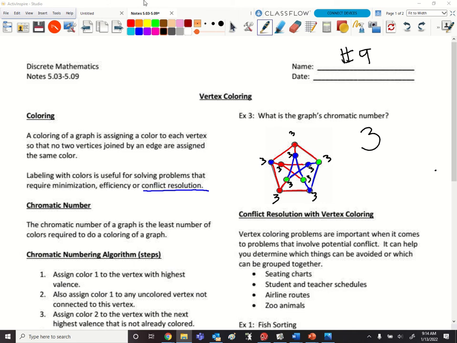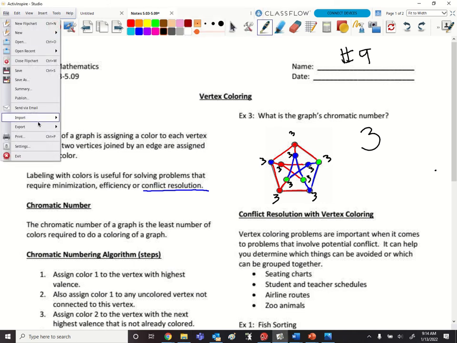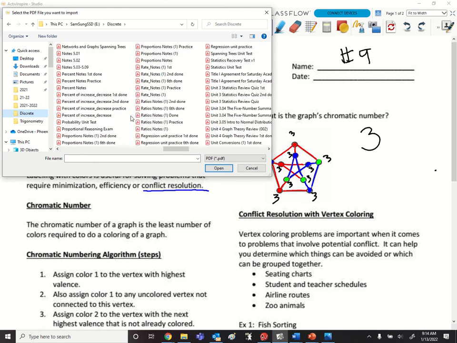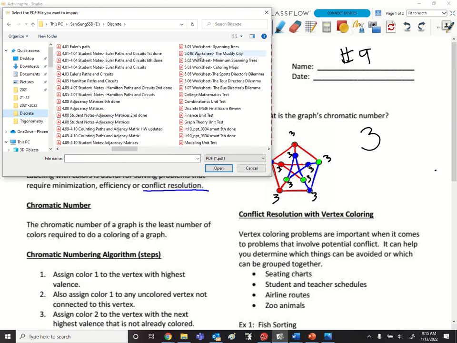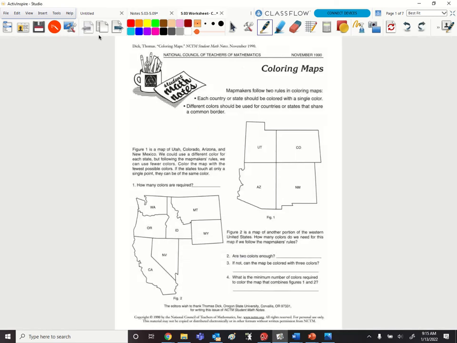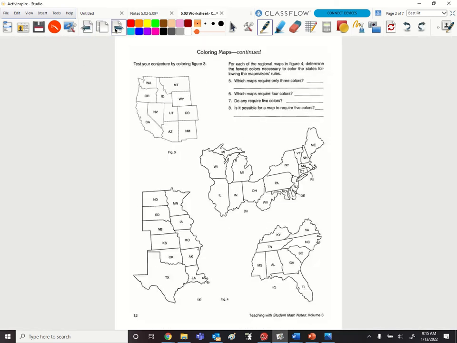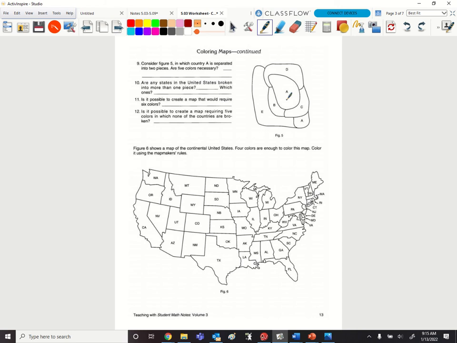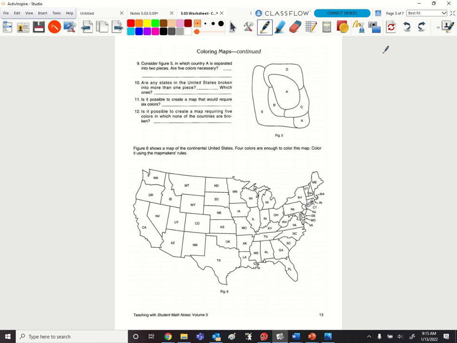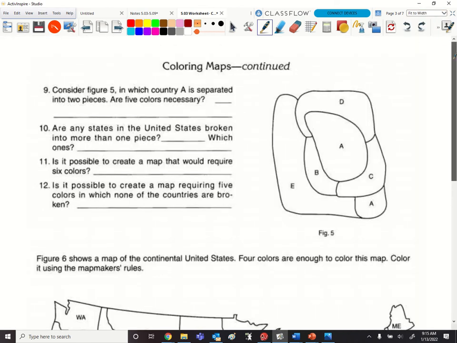It should be coloring map. And if you look right here, I eliminated a whole lot of your problems. So you only have this page right here, because there was a whole bunch more pages to go along with this, and I figured, you know what, just one would be easiest.